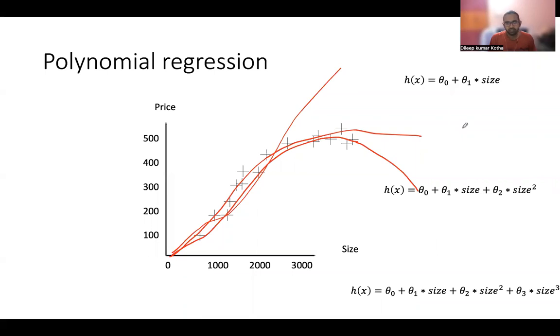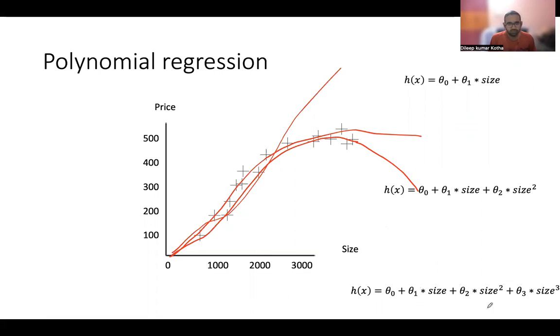So we can see, in effect, we have to solve a polynomial regression problem to solve for our hypothesis and to get the parameters theta 0 till theta n, which can minimize the cost function. But you can see, usually we don't do that. We don't solve polynomial regression problem.